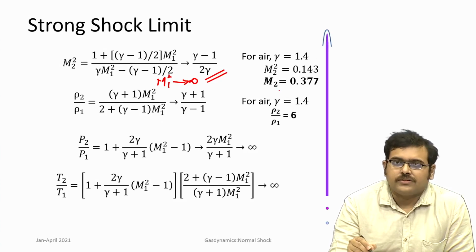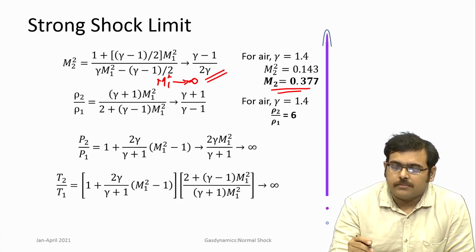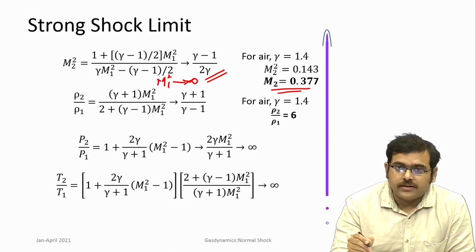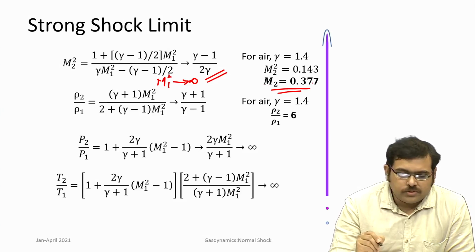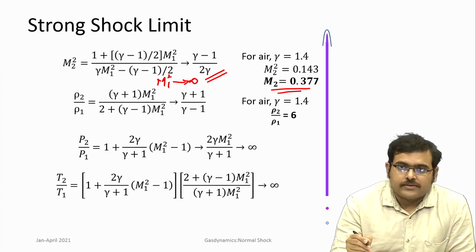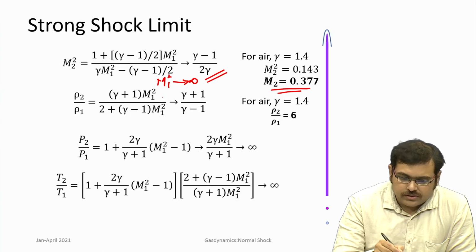We had an indication of this when we were looking at the graphs of the variables as the upstream Mach number was increased in the previous class. We saw that the downstream Mach number saturates, and the reason is that as Mach number tends to infinity, M2 reaches finite values, and for air it is 0.377. Similarly, if you look at the density ratio across the shock, rho 2 by rho 1, this is the expression.